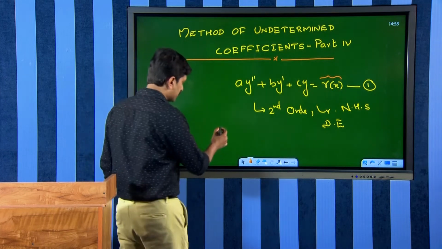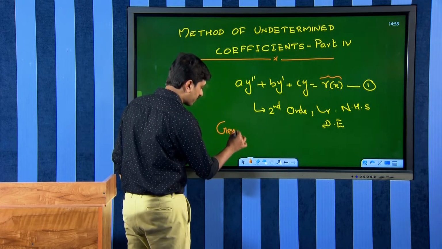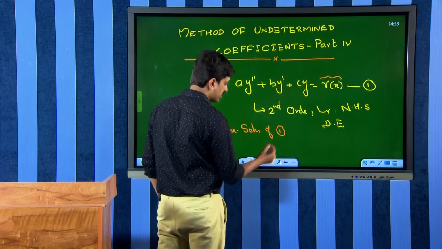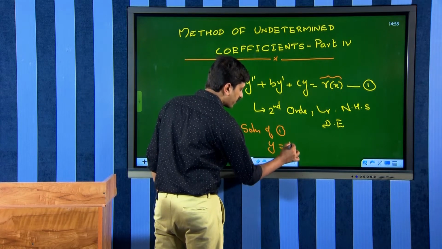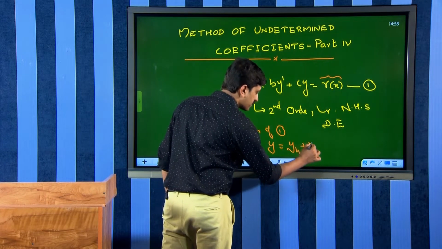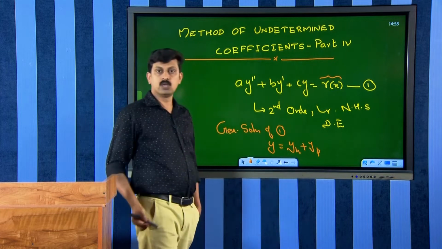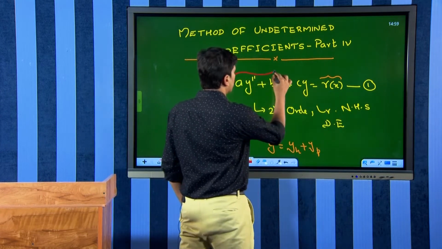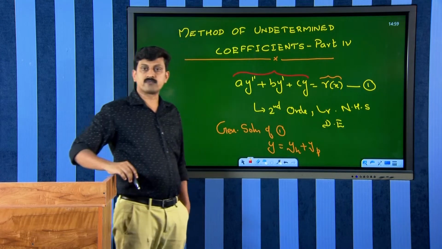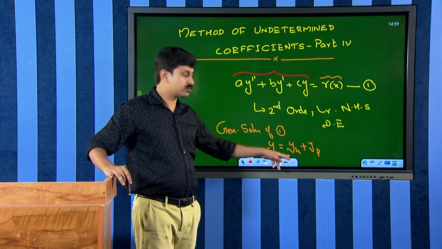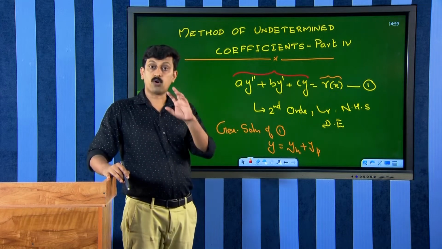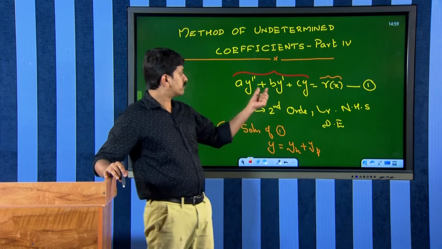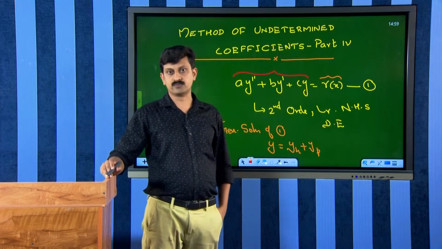We already know that the general solution of this differential equation is y is equal to yh plus yp, where yh is the complementary solution of the homogeneous part, that is, the solution of a y double dash plus b y dash plus c y is equal to 0.